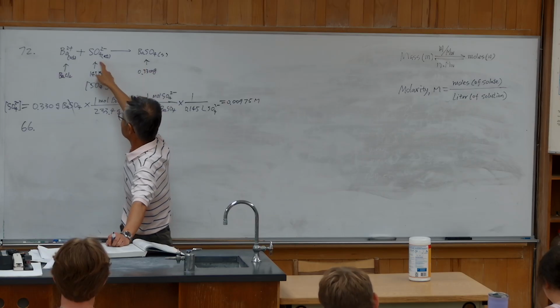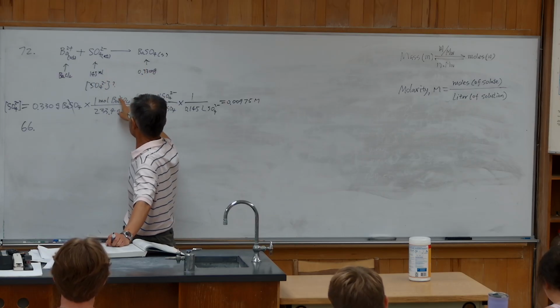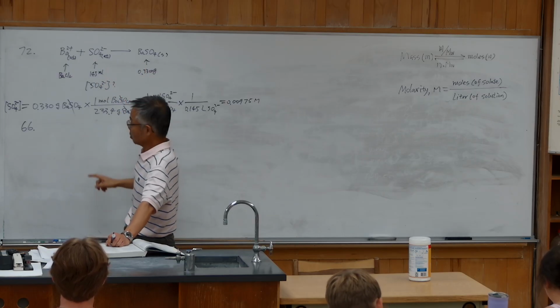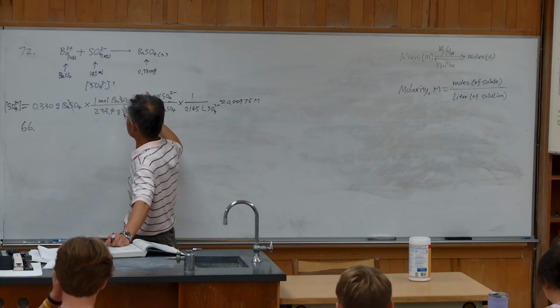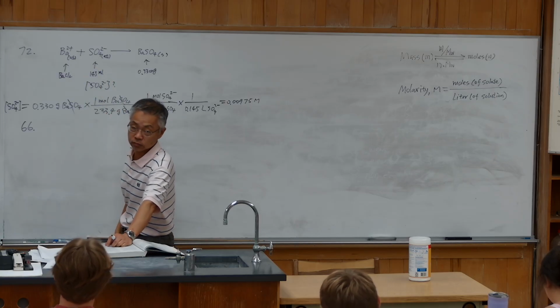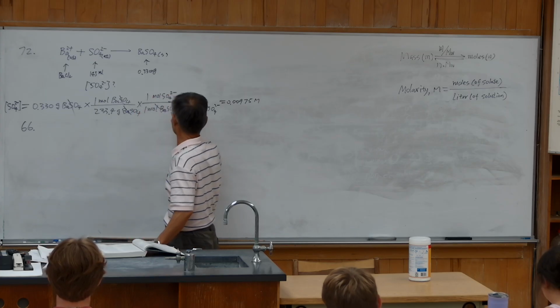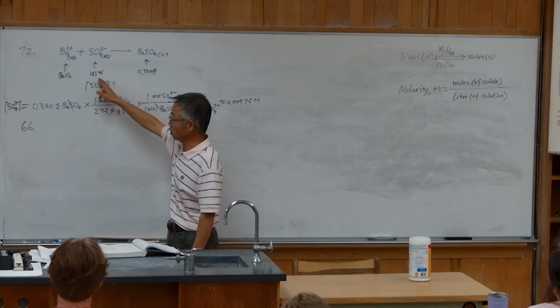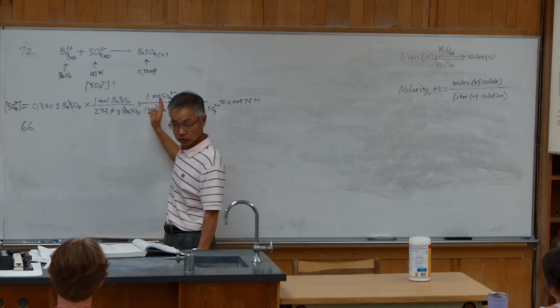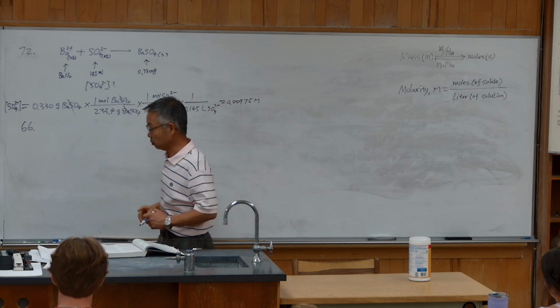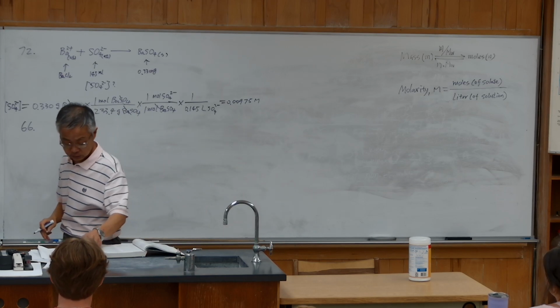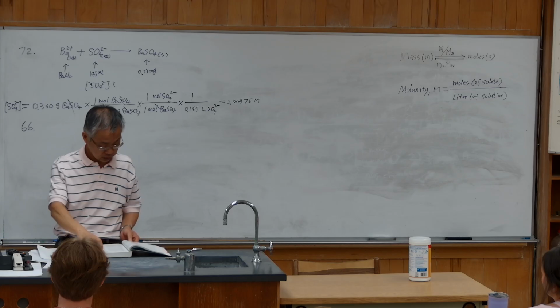Then use this balanced equation, from moles of barium sulfate convert to moles of sulfate. Then moles of sulfate divided by volume, converting milliliter to liter. You get molarity. Now next is 66.